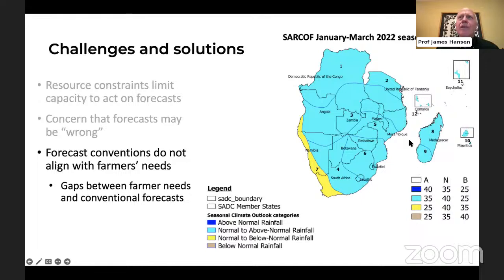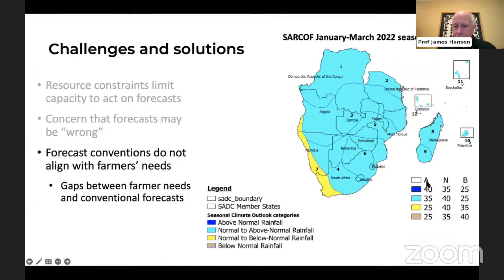So the third challenge is that the way forecasts have traditionally been communicated do not align well with farmer needs. So I mentioned the regional climate outlook forums. Here is an example of a forecast product for Southern Africa coming out of the SARCOF Regional Climate Outlook Forum for the SADC region.